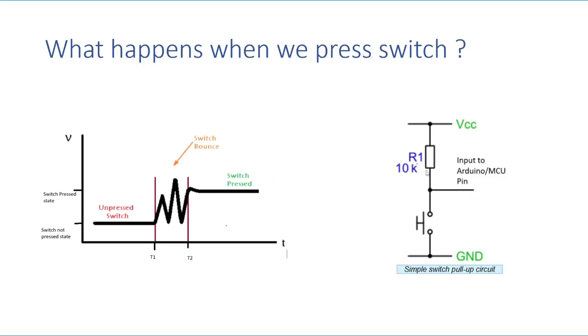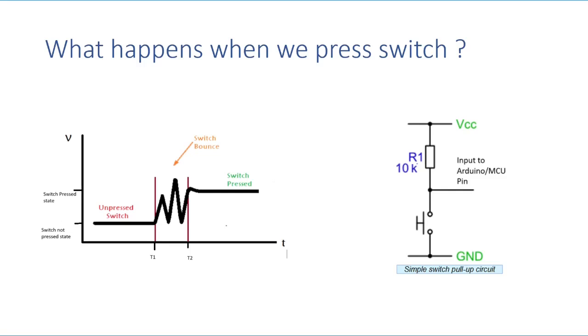A pull-up resistor is mandatory for the switch to work. Otherwise, there is a possibility that we read a high or low tri-stated output. If you don't use the pull-up resistor, there is a chance that we read high or low variations even without pressing the switch, and a switch press can be falsely detected.